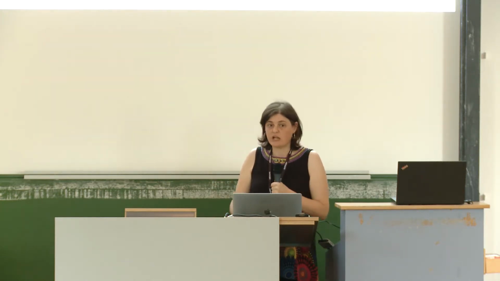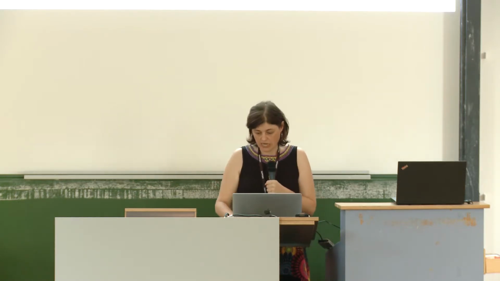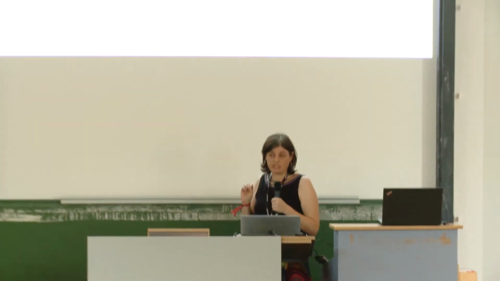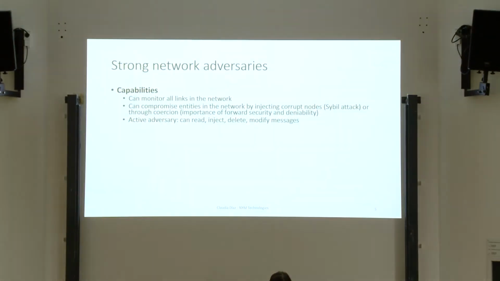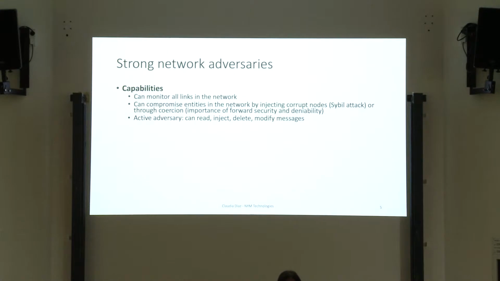Okay, what about adversaries? So when we want to be anonymous online, what kind of network adversaries are we considering? In the case of the systems I want to talk about, these are very strong network adversaries. So the capabilities of these adversaries, typically for Mixnets, which is the system I will introduce in a moment, is that this is an adversary that can monitor all the links in the network. So we assume the adversary can monitor all communications in the network.